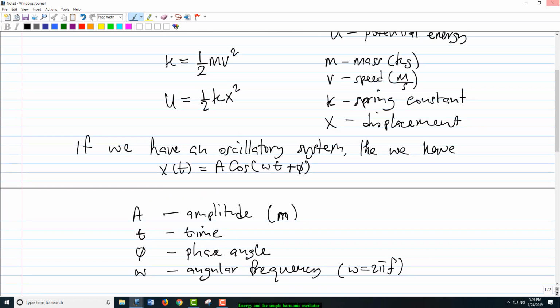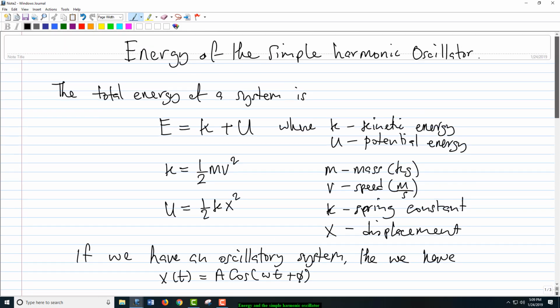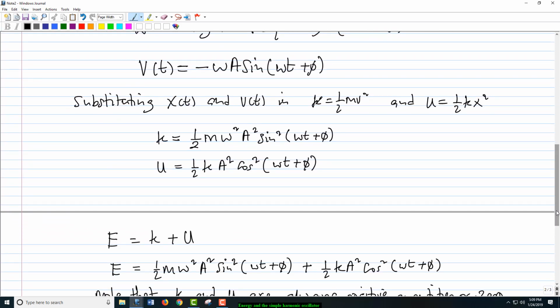So let's make the system convenient for us. This is Ke, so that we can differentiate it from K. So we are talking of kinetic energy Ke.